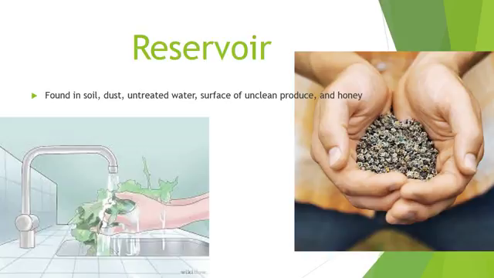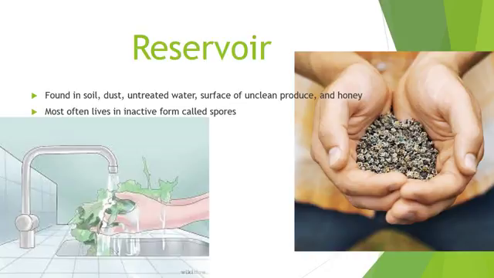They're found in the soil, the dust, unclean water, unclean food, honey, and some other things. So really, it's out there, and it's everywhere, which is what makes it so frightening and unpredictable, because it could really be in your next door neighbor's canned potatoes.